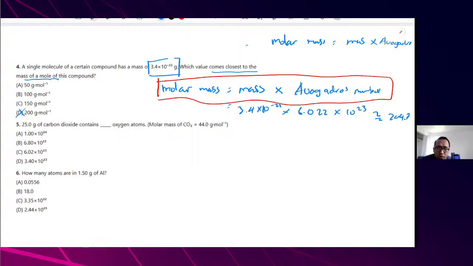I just want to show you the stoichiometry part, so we don't get confused anymore.